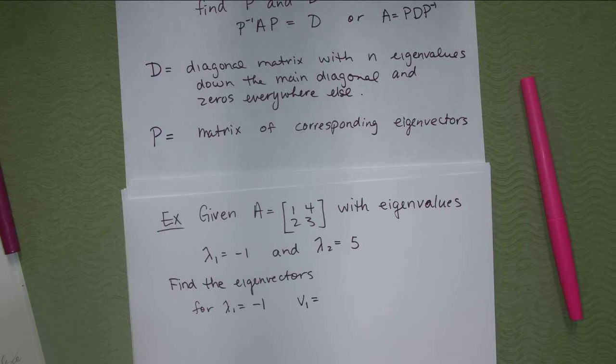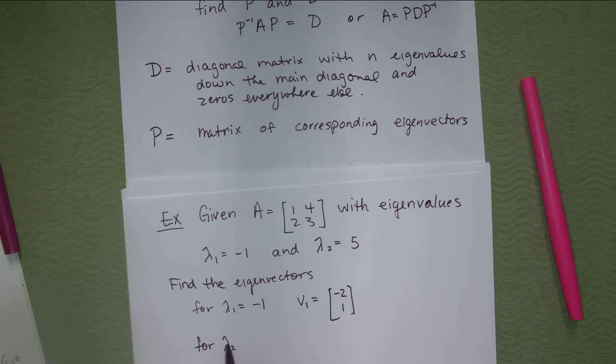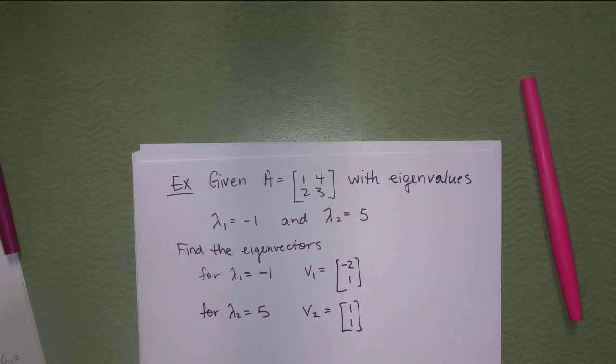For 5 it was 1, 1, and for -1 it was -2, 1. We did that earlier, and we got these vectors. So you could go through that whole thing.